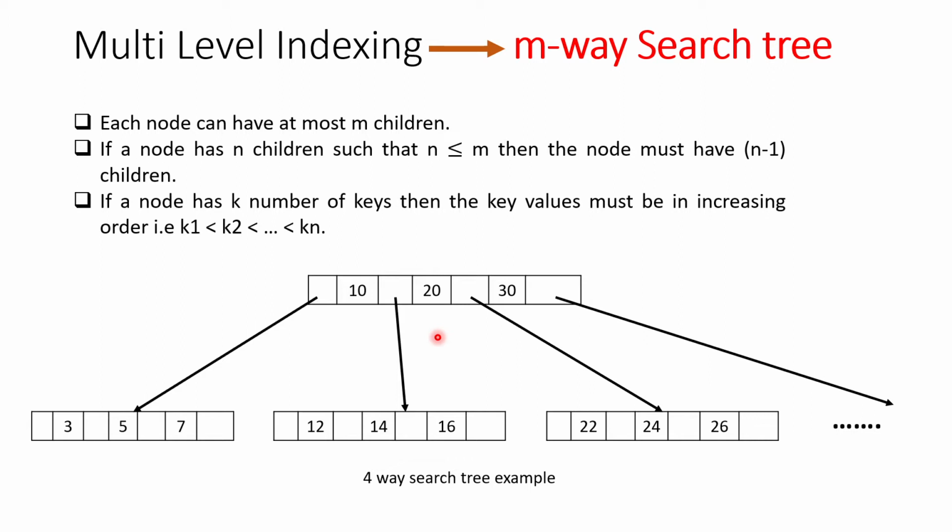So I have considered that there are n children of a particular node where n is less than or equal to m, then the node must have n minus 1 key values.